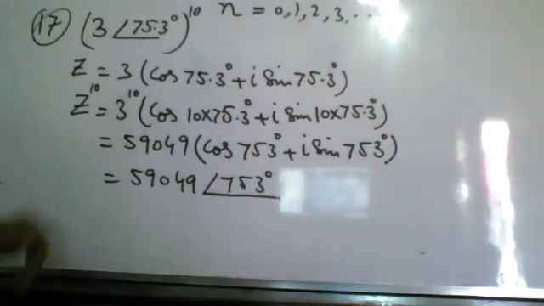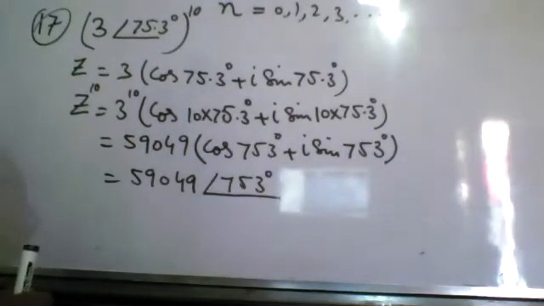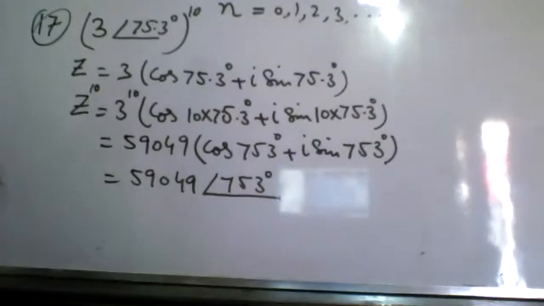Okay. So this is Z to the power 10. 59,049 is the value of R, and the argument is 753 degree. That was question number 17.